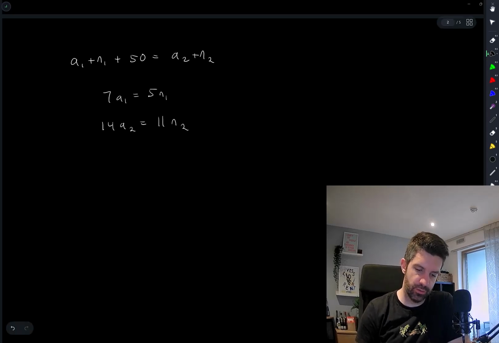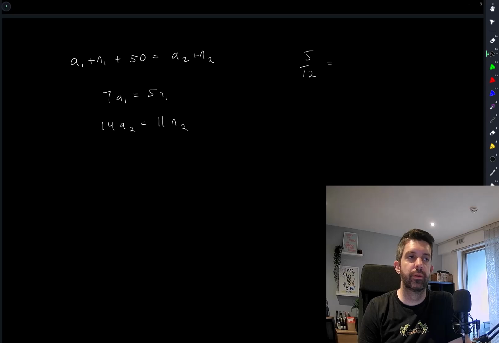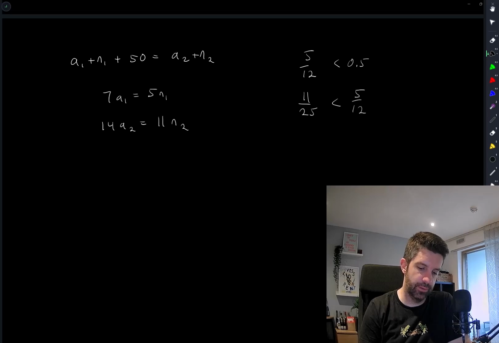I mean, the original proportion, 5 over 12, is a little bit less than 50%, right? And 11 of 25 is even smaller than that.